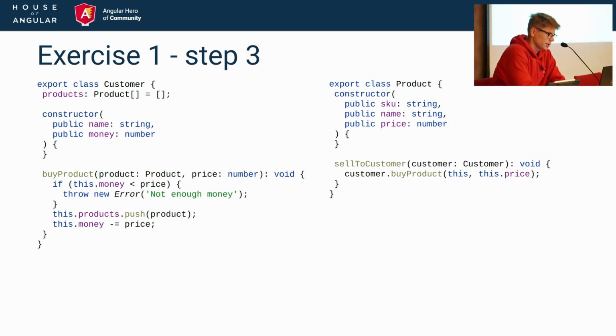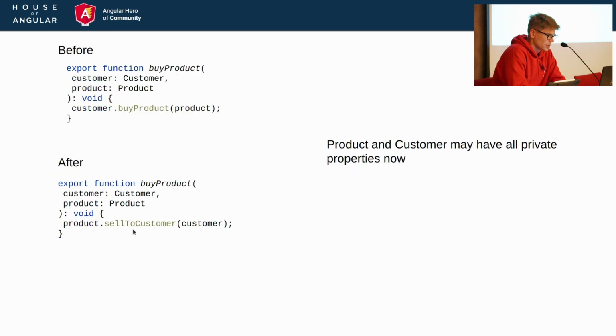And in this way, you see that we really encapsulated that property, and our customer method is not aware of the product private property anymore, but it's still aware of the price. So we can use it.